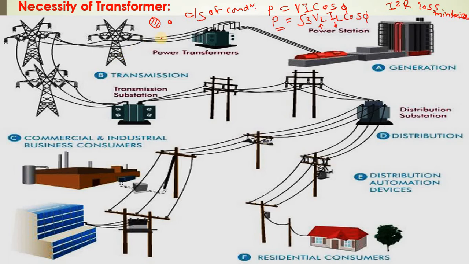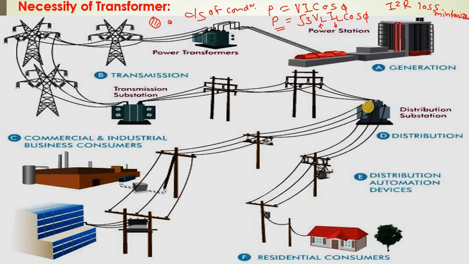Its weight will get reduced as the conductor cross section reduces. So this is another advantage. With the first advantage, the I square R loss, that is the power loss, will be minimized. Then the power will flow through the transmission line.